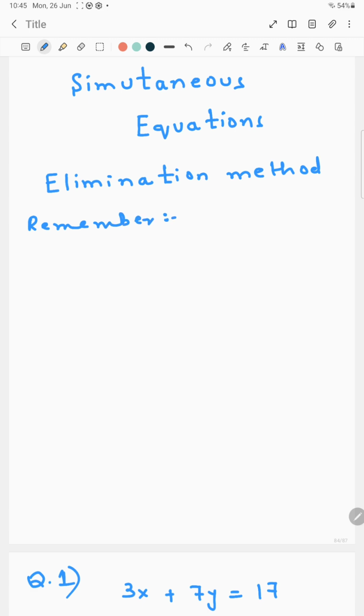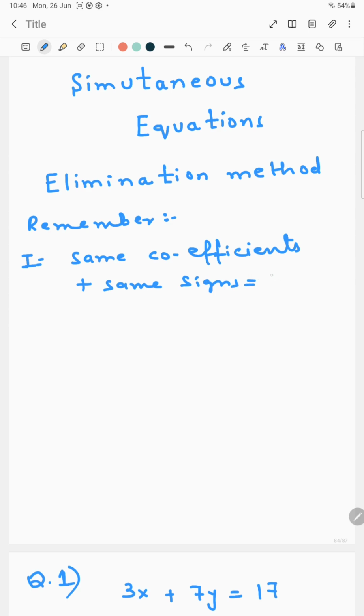So the first point is, if you have same coefficients plus same sign, so you have to subtract them.